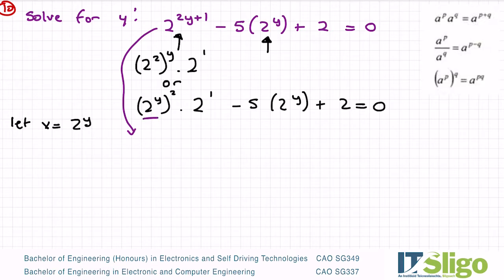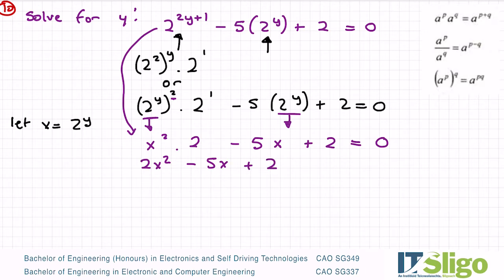So therefore this 2 to the power of y here becomes x squared by 2 to the power of 1, which is 2, minus 5 times 2 to the power of y, which is x, plus 2 equals 0. Okay, so I hope that makes sense. This is 2x squared minus 5x plus 2 is equal to 0.